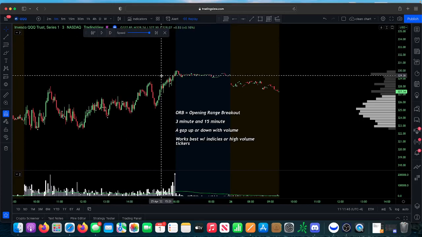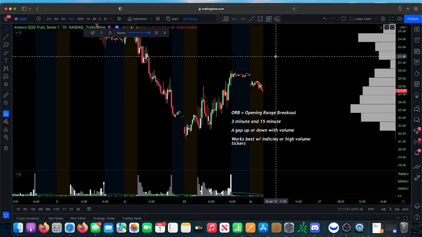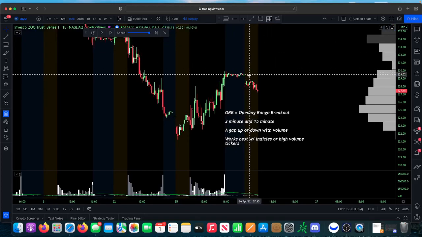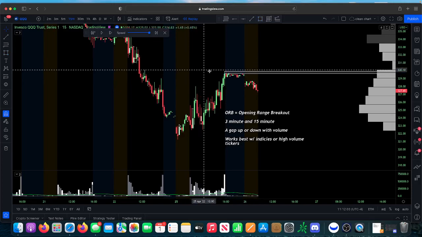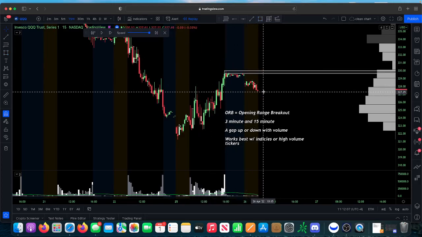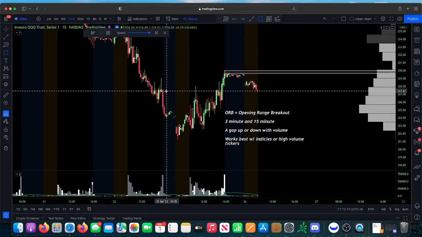So the first thing I do is I look for any supply and demand zones from pre-market or yesterday's action. So right here, we got a little bit of a supply at the pre-market high. And that's really it, to mark this level here.